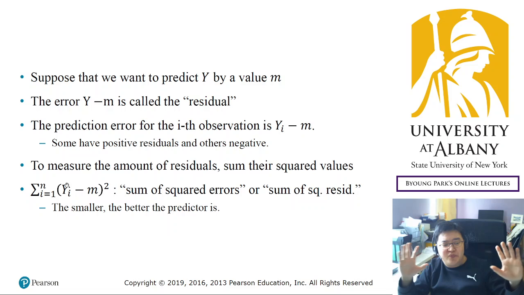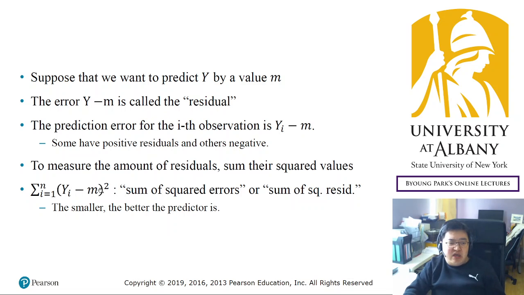So then anyhow, think about this. We have not defined what the predictor is. We just assume that once you have the predictor m, then you can follow these steps whenever you have the data.